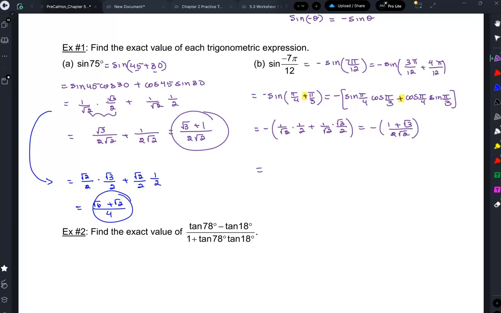Now, different ways to write that same thing are, you can distribute the negative, so you get negative 1 minus root 3 over 2 root 2. You can put the negative out here, negative of 1 plus root 3 over 2 root 2, right? Or you can give the negative to the denominator, 1 plus root 3 over negative 2 root 2.